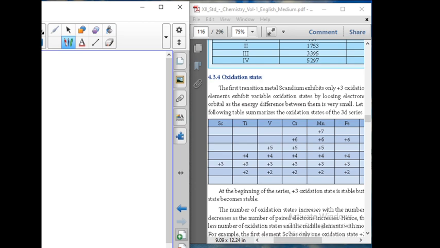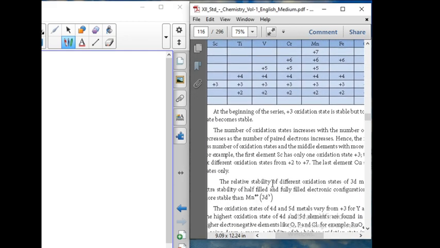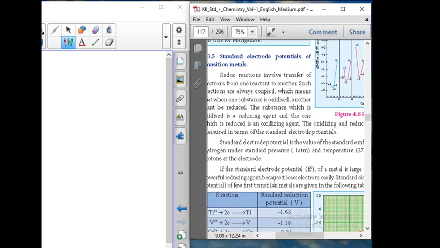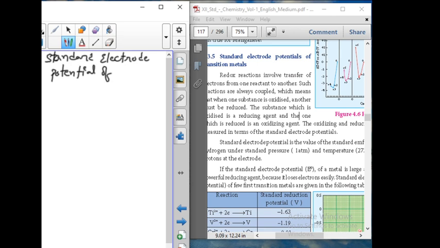Now the next property for discussion is the standard electrode potential of transition elements.